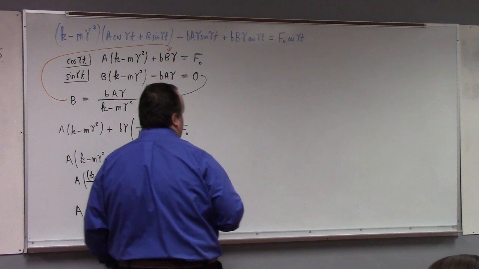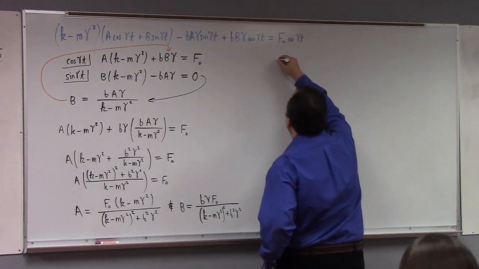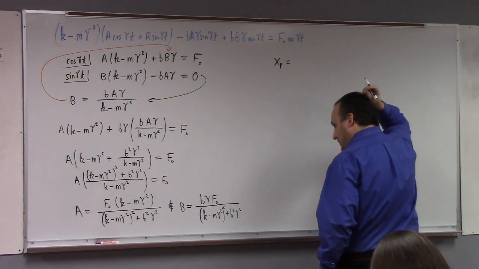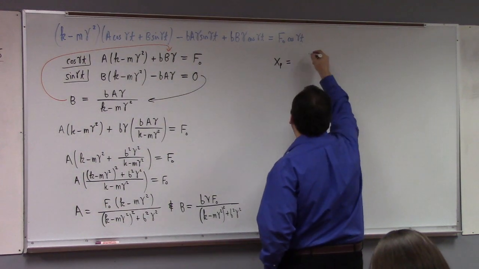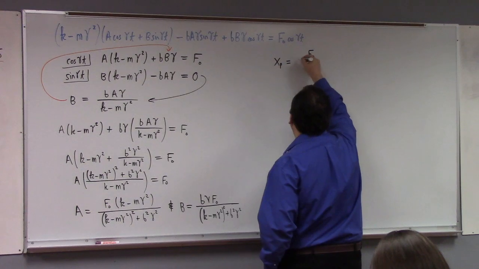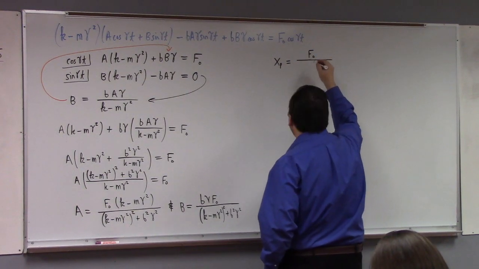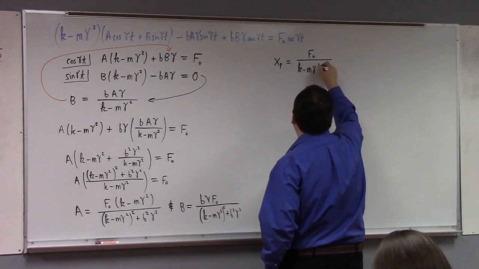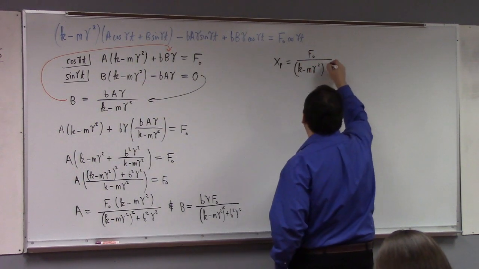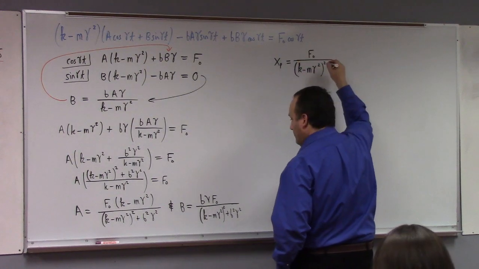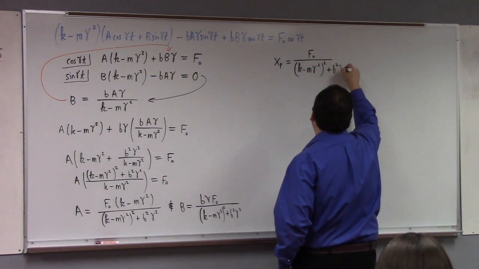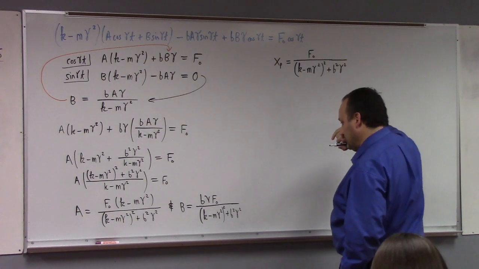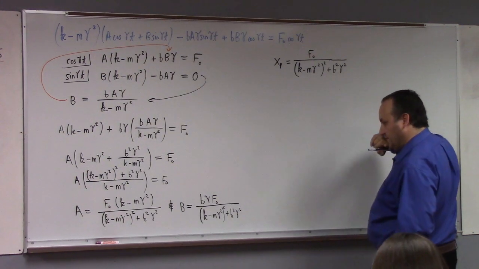All right, so let's put this all together. xp is equal to, well, I've got a common term of f naught over that ugly denominator, (k minus m gamma squared) quantity squared plus b squared gamma squared. That's common to both of them.